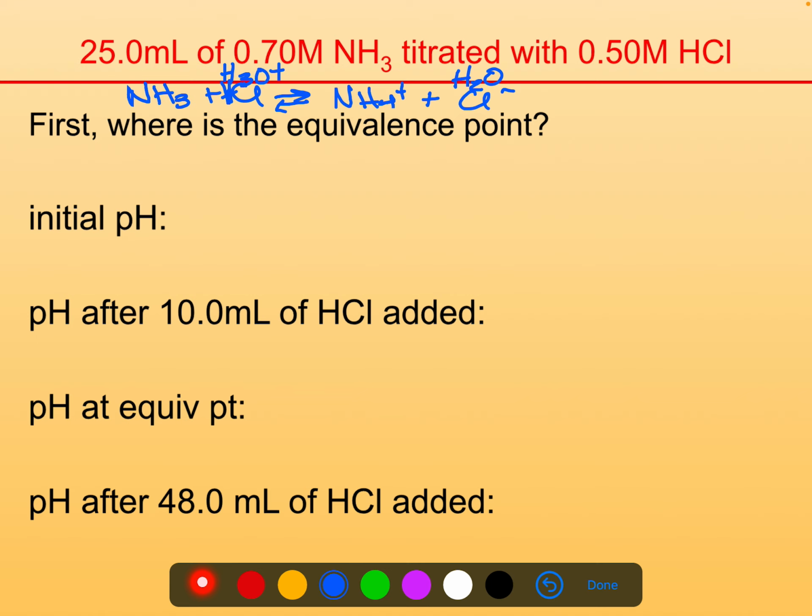But this is going to be a 1-to-1 ratio between these, so that's going to be important, finding our equivalence point. So finding the equivalence point, remember we have to start with liters of our known solution. So we have 25 milliliters of our base.